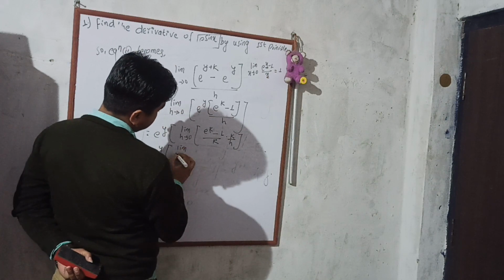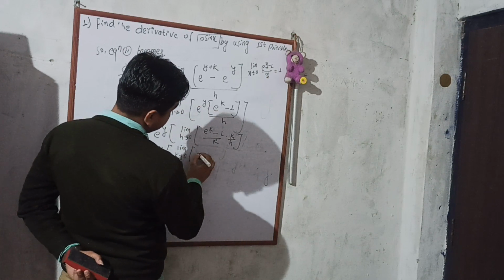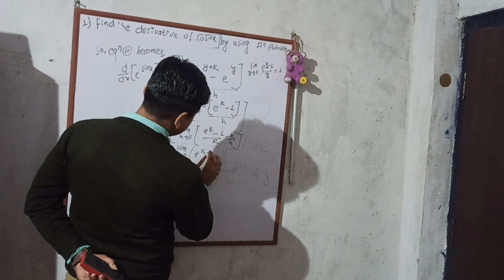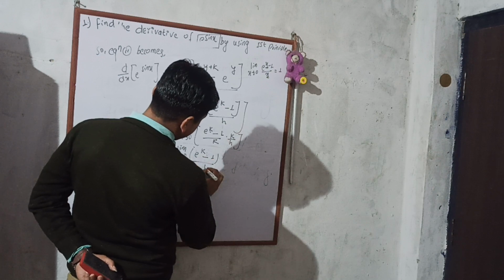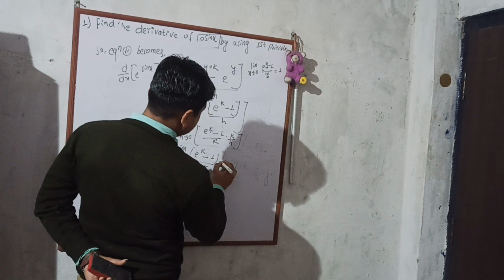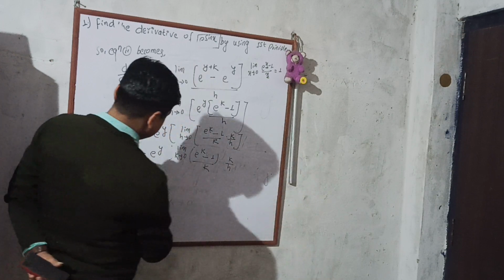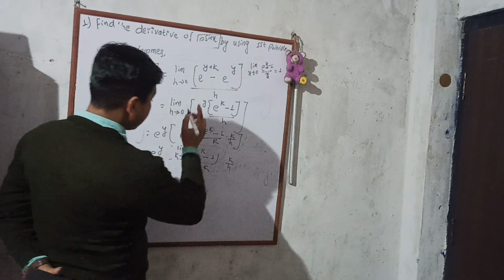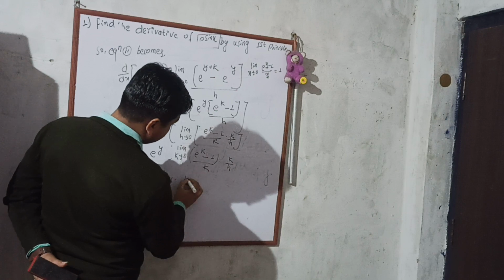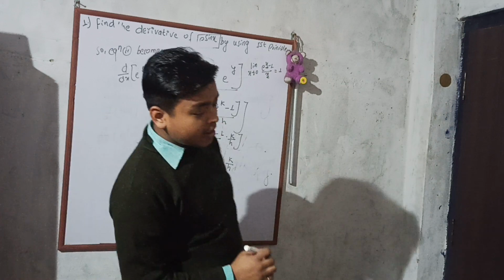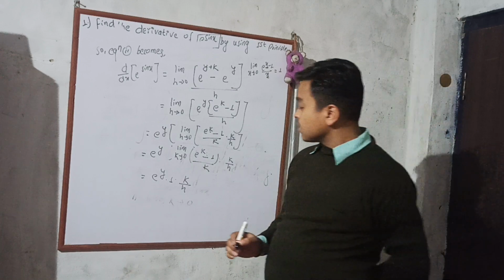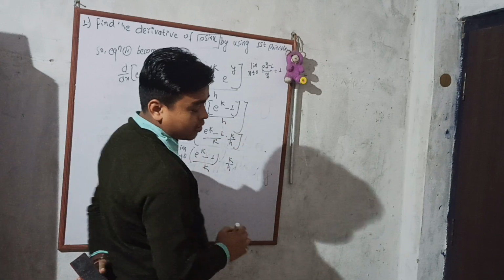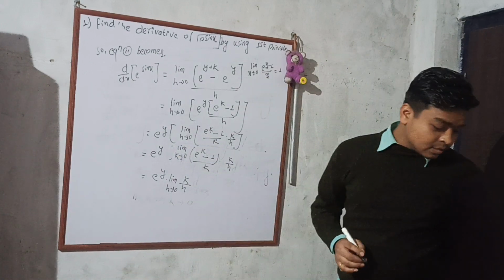So e to the power y, limit k tends to 0 of e to the power k minus 1 divided by k, into k by h, and this formula gives 1. So 1 into k upon h, limit h tends to 0.